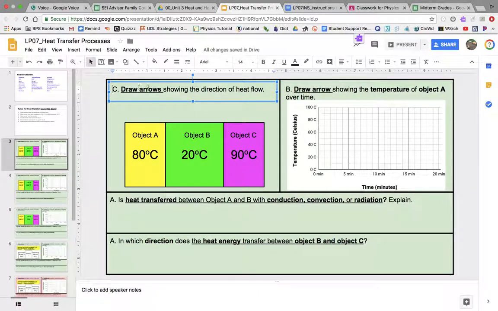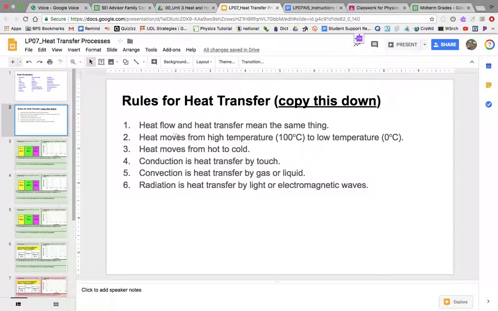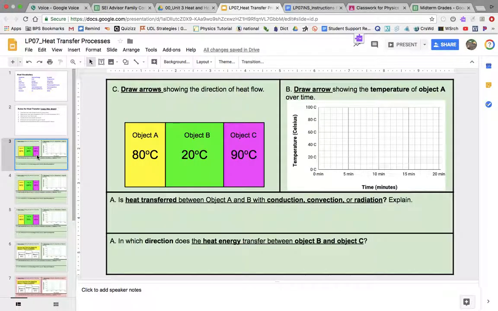Let's do C. Draw arrows showing the direction of heat flow or heat transfer. So we know in the rules that heat moves from high temperature to low temperature. So I can find the high temperature and the low temperature, and I want to draw an arrow going from high to low. And I can make that line bigger and easier to see.